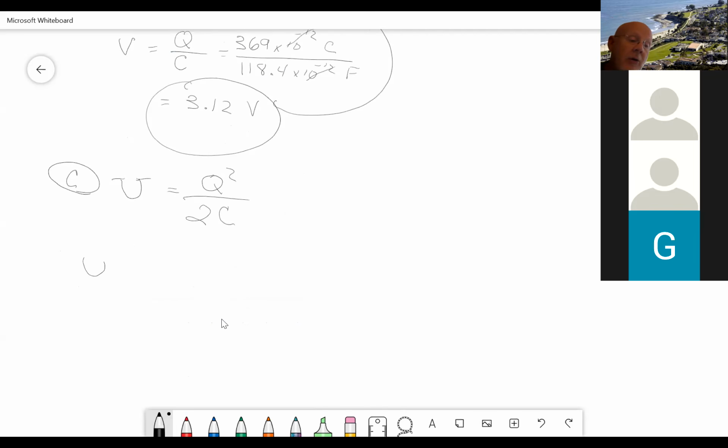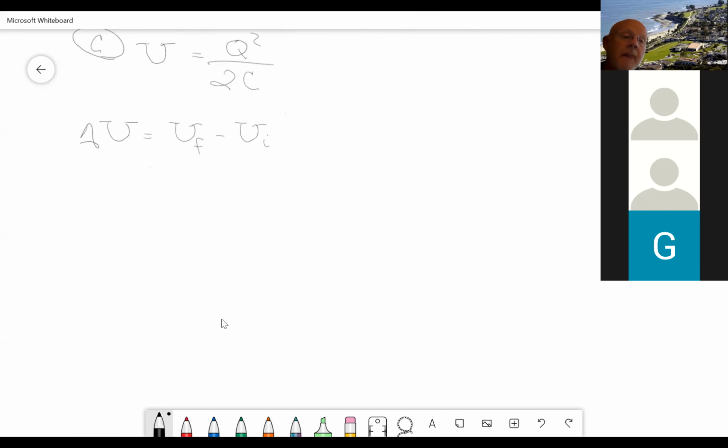And so if I go U, maybe I'll put a delta U. And so maybe I'll go F for final and I for initial. This would be a Q squared, and I'll just put a final, but that doesn't really change, over 2 and C final, minus Q squared initial over 2 C initial.